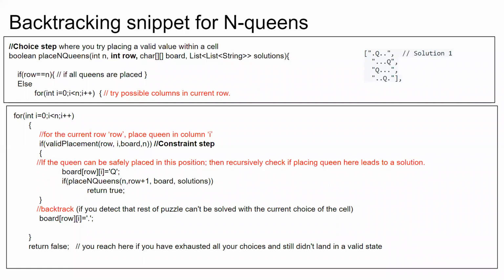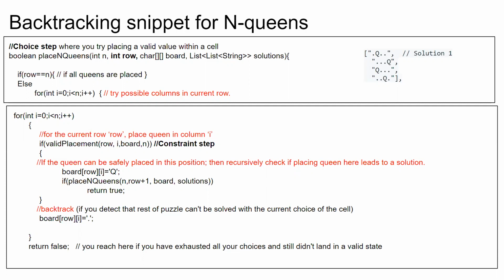One question on the template, Dippy. Sorry? Yeah. One question on the template that we are following, the choice, constraint, and backtrack, right? So the last step when we return false, is it the exhaustion of choices or the columns? In our case, the choice we're picking is the rows, right?